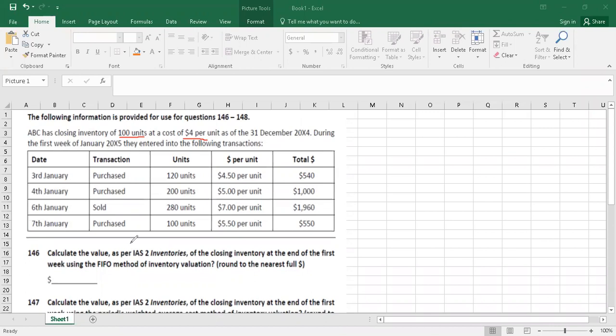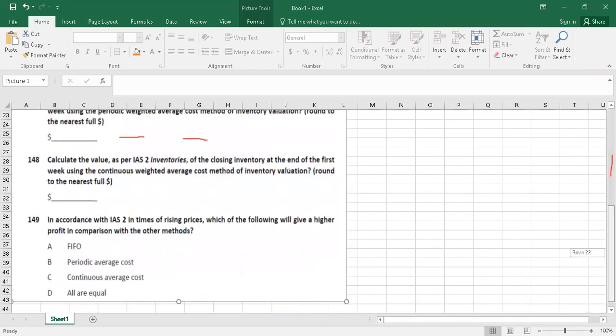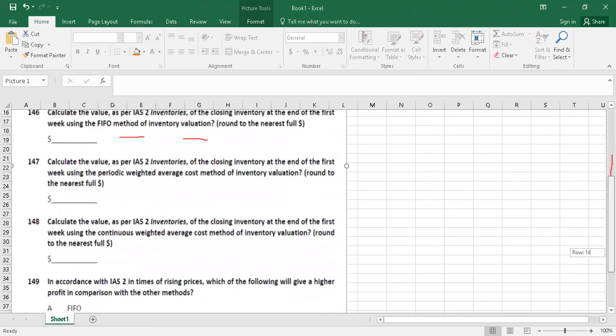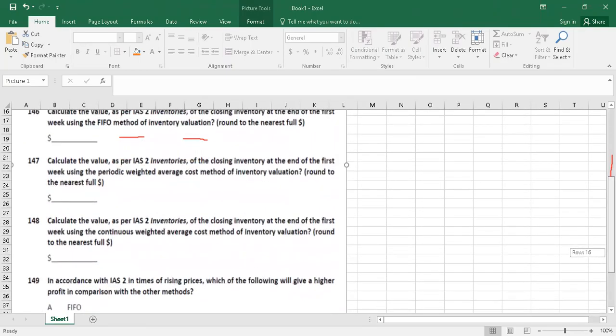So there are 4 bits which are asked here. Calculate the value of the closing inventory if FIFO method is followed. After that, we see for the next bit, if the weighted average cost method is followed.